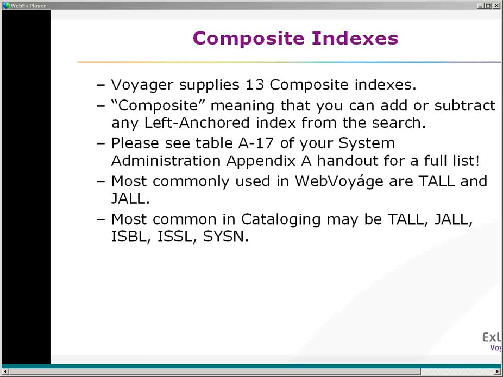You need to look at table A17 of Systems Administration Appendix A for a full list. I would say that just the most commonly used in Voyager are TAL and JAL, title composite left-anchored, and journal composite left-anchored. And in cataloging, probably the ISBNs, ISSNs, various indexes, so that you don't have to search them individually.